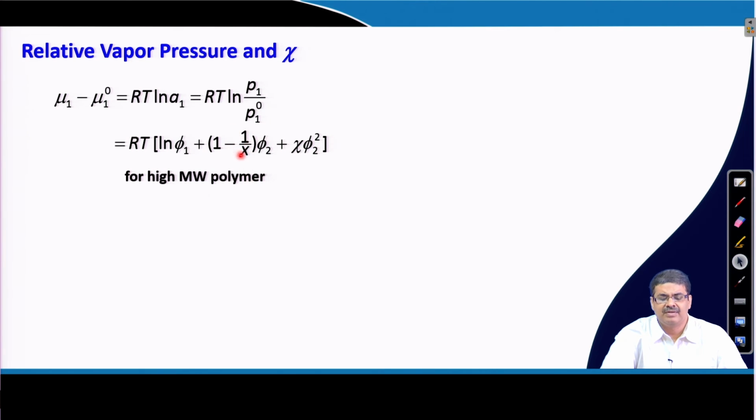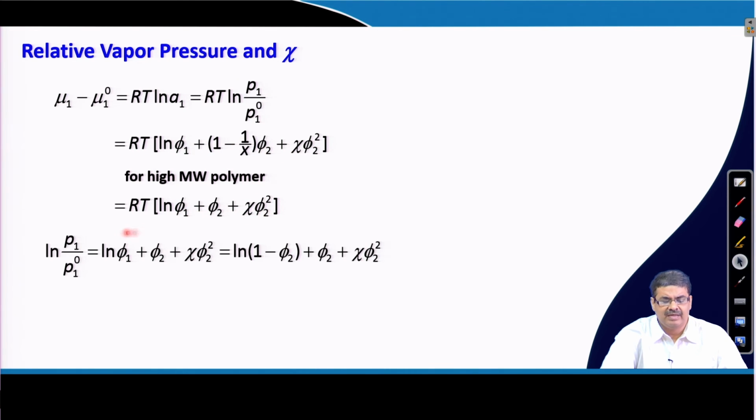In that case we can ignore this term compared to 1. So, we can just write this term and rearrange it to get this expression. This is nothing but a rearrangement of terms.